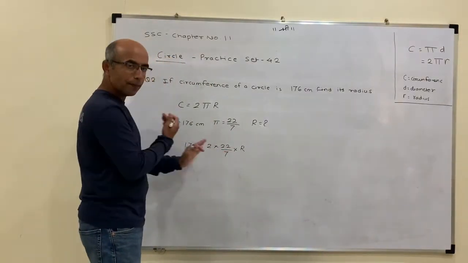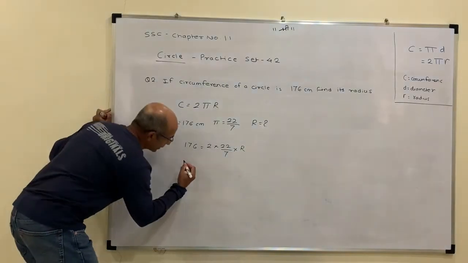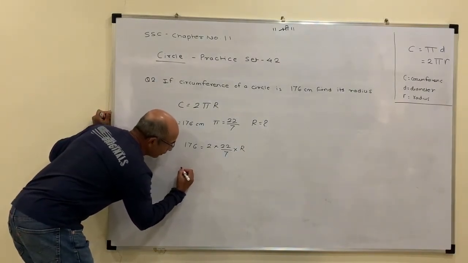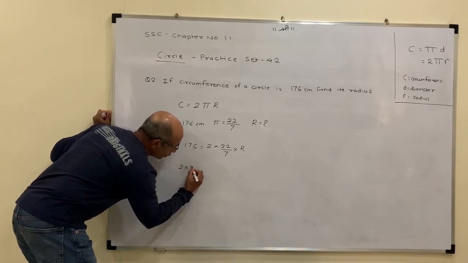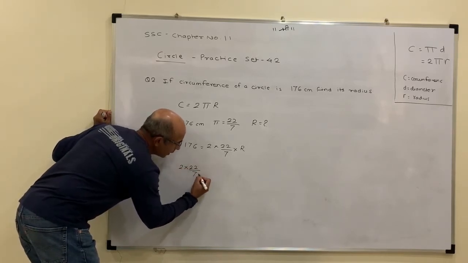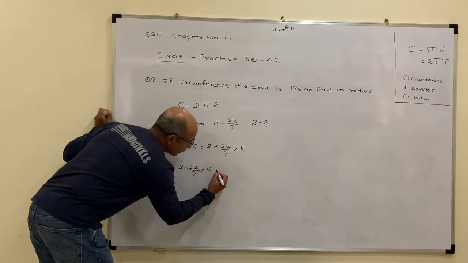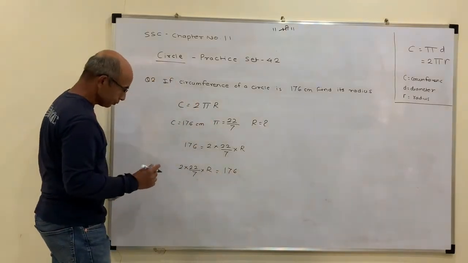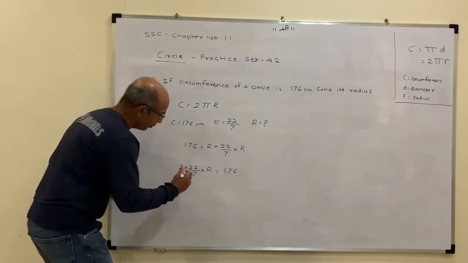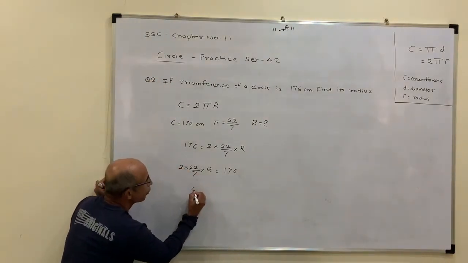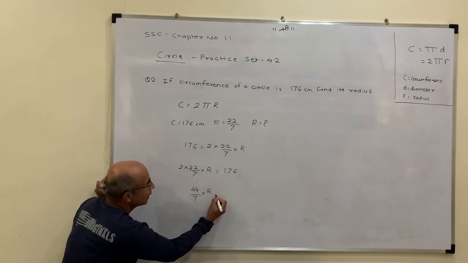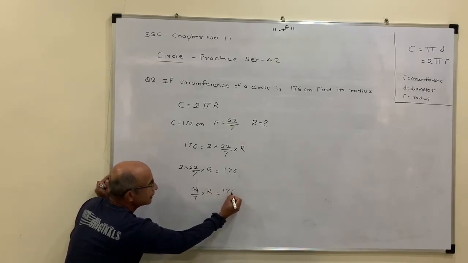So I'll swap the left hand side with the right hand side. My left hand side will be 2 into 22 by 7 into r equals 176. Now I'll simplify further: 44 divided by 7 into r equals 176.